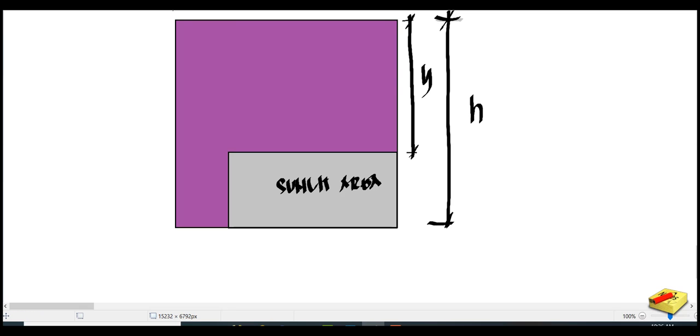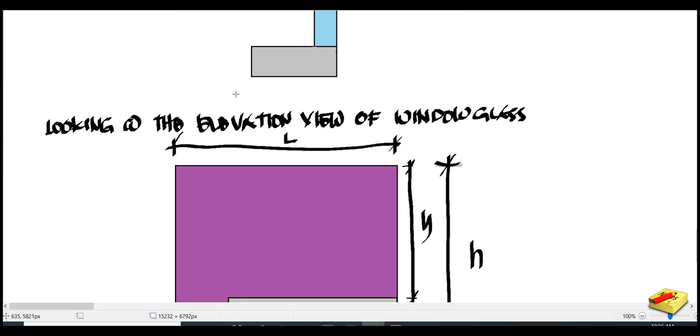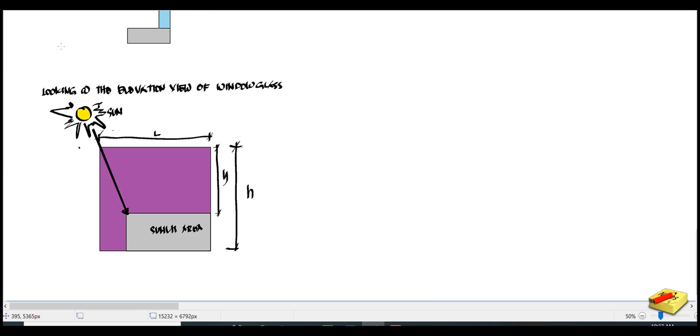Then we have the projection ray of the sun here, and you have your sun here. So that is how it will look. Then we have your distance x here.